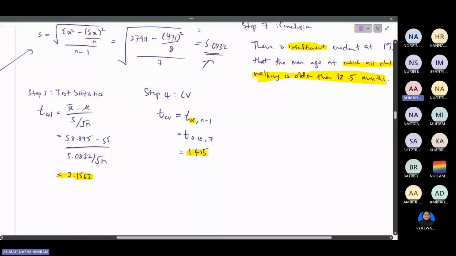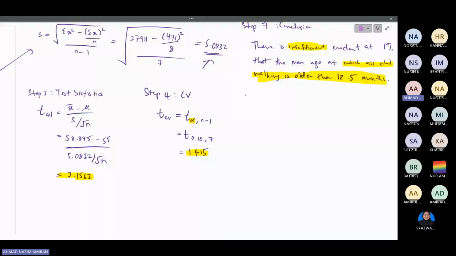And since we are testing the hypothesis at the right tail, step 5 for the decision rule: reject H null if T calculated is greater than T critical value.